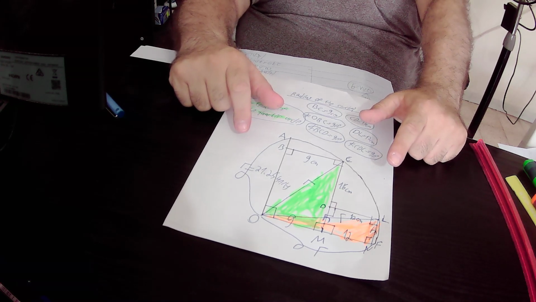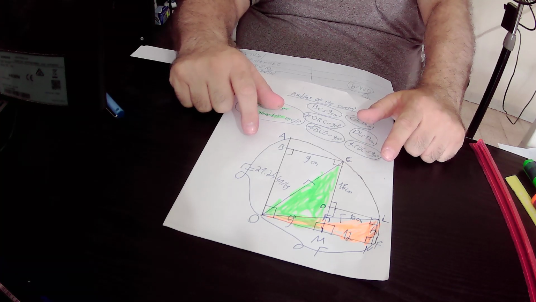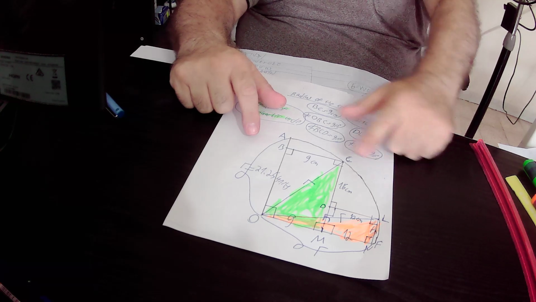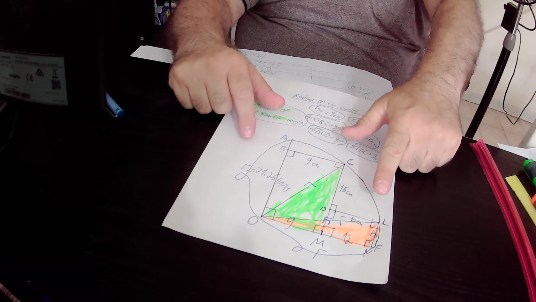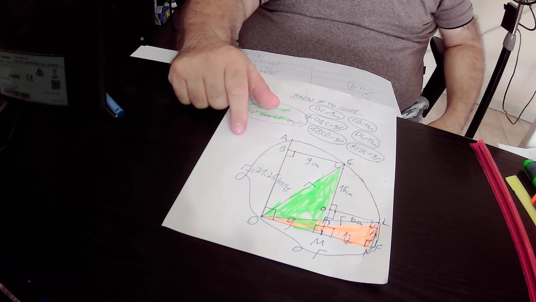So we define the radii of the quarter circle as R. Therefore, both side AO and side OF will be equal to R. That is the radius of the quarter circle.